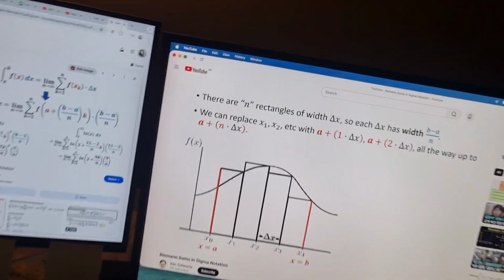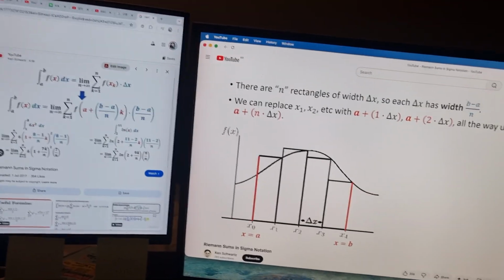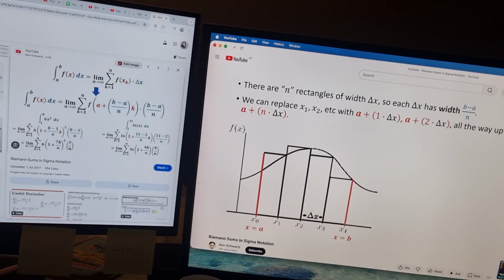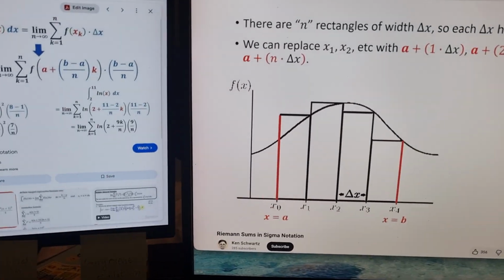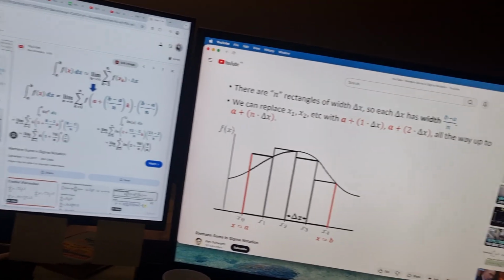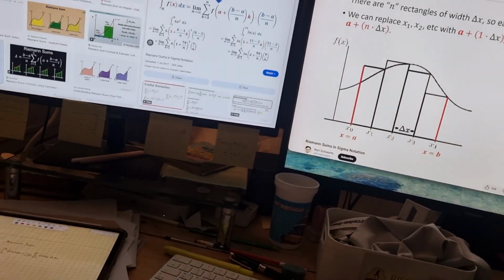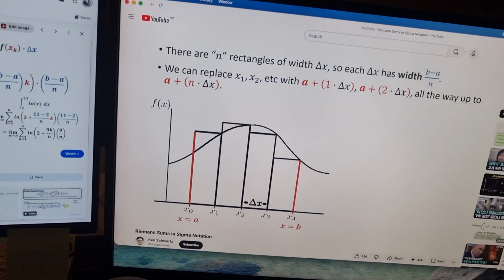Now we can find an expression for each x value corresponding to the position of the vertical side, or edge, of each rectangle. Since these x values are multiples of delta x, starting at x equals a, we can say that each x value is a plus some number times delta x. So the first edge is at a plus 1 delta x.